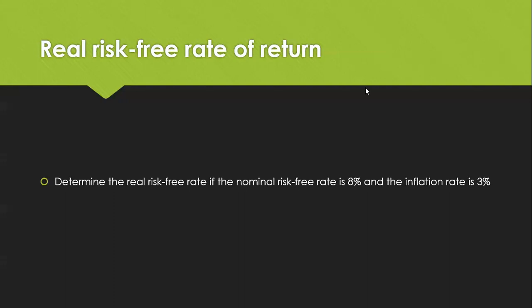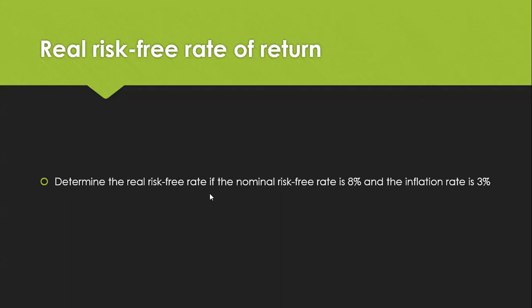Okay, that's correct. So 4.85%, or if you round it to one decimal place in percentage, that's 4.9%. So after you deduct 1, you get 0.0485, then convert it into a percentage, because what we are looking for is a rate or percentage.